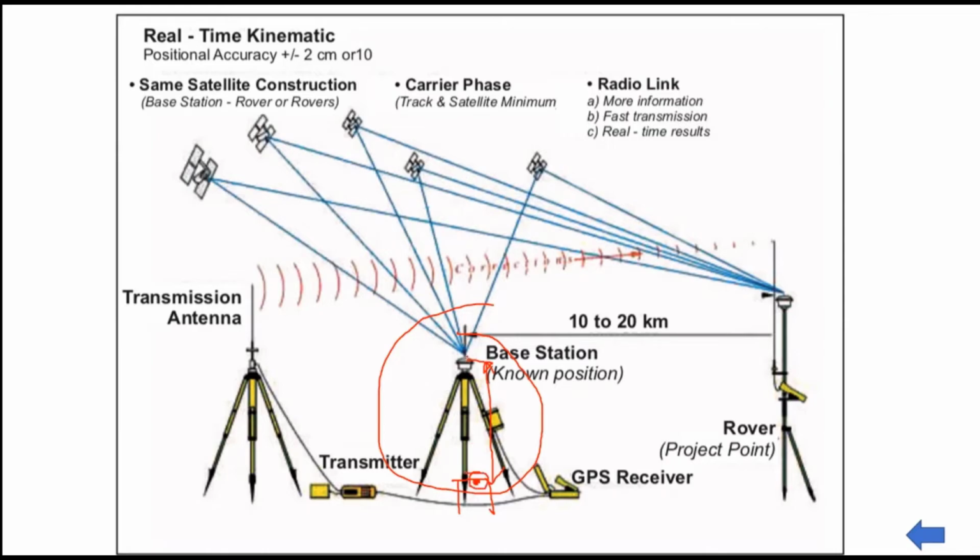So in this method we will get this point, and we will have to transfer it to the reference point. So this way we will establish the base point, base station.